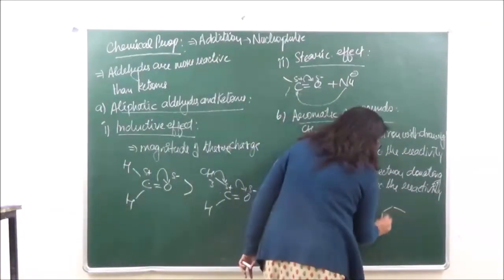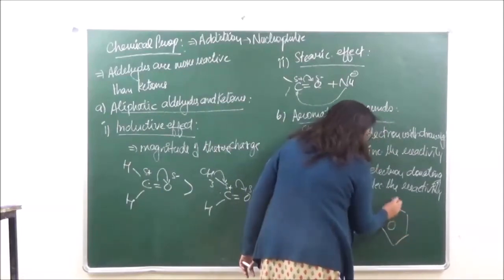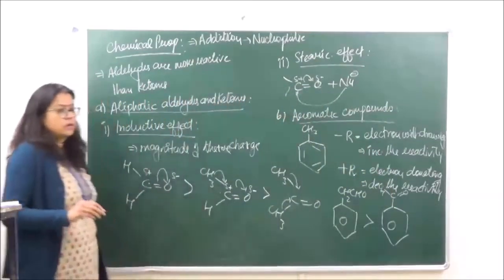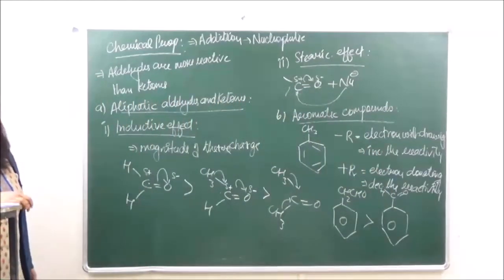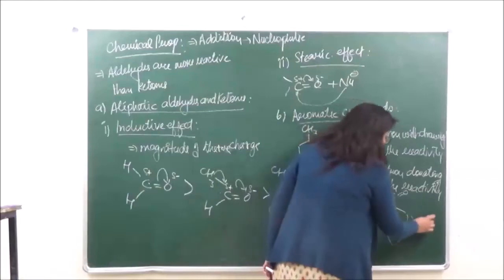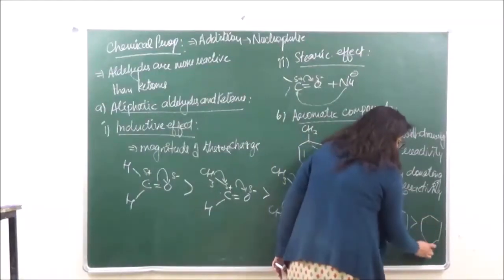But if the aldehydic group is directly attached to the benzene ring, the reactivity is going to decrease. And if there is a ketone present, the reactivity will decrease still further.